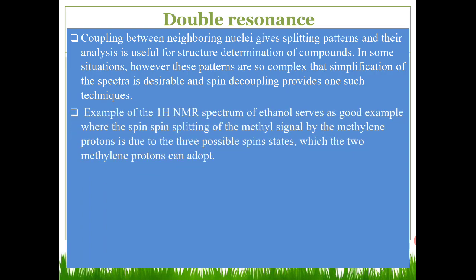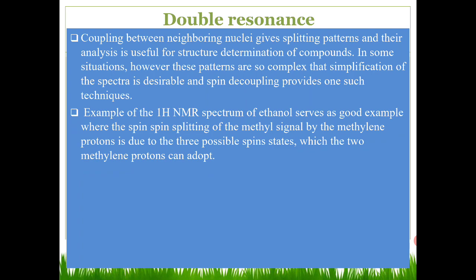The proton NMR spectrum of ethanol serves as a good example, where the spin-spin splitting of the methyl signal by the methylene protons is due to three possible spin states. In the previous example I was talking about the CH3; here I am taking the CH2, and for CH2 there are three possible spin states.